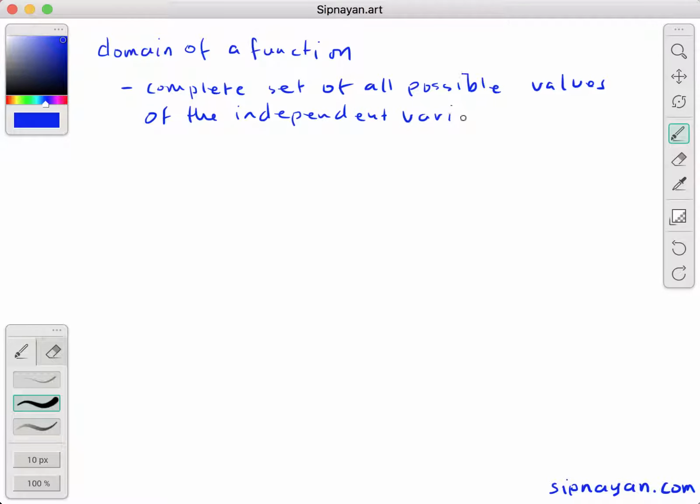So, another definition nito, kung gagamit tayo ng xy plane, no? Ang x yun yung ating independent variable, no?